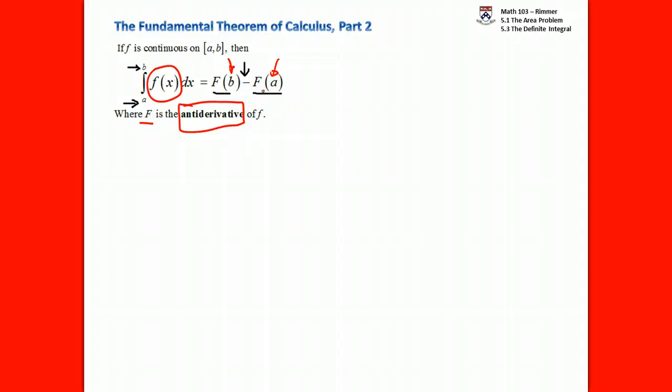The hard part is finding the antiderivative. But if you can do it, the fundamental theorem of calculus says this is how you're going to get the exact area. This is the shortcut method. Okay? So our problem was from 1 to 5 of x squared. We like the exact area.